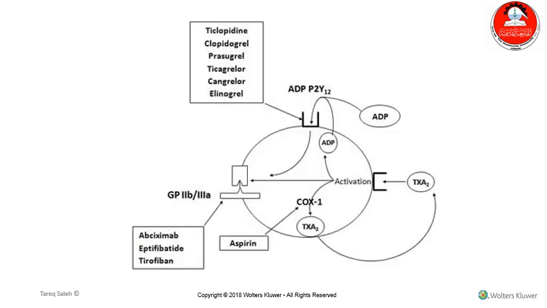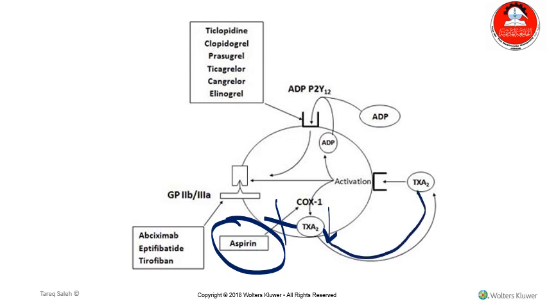Just to summarize, there are different classes of drugs that interfere with the platelet aggregation and activation pathway. We've discussed aspirin, which blocks the cyclooxygenase enzyme, reducing the production of thromboxane A2, which results in the activation of the platelet. We also have discussed drugs that interfere with the binding of ADP to its receptor P2Y12, such as clopidogrel.